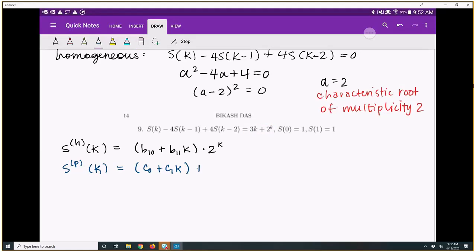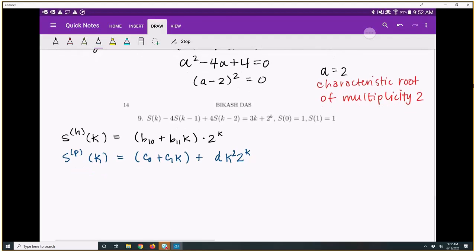And then for the exponential function, I'm going to do d times 2 to the power k, but because I have a matching root of multiplicity 2, I also will multiply k squared. If I had a matching root of multiplicity 1, I would multiply k. If I had a matching root of multiplicity 3, I would multiply k cubed, and so on. So this is my guess at the particular solution.